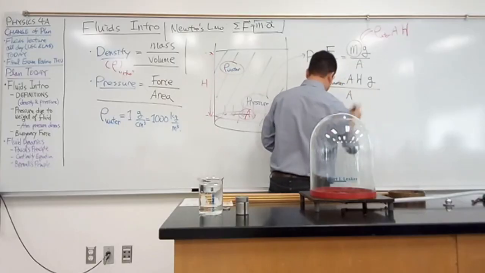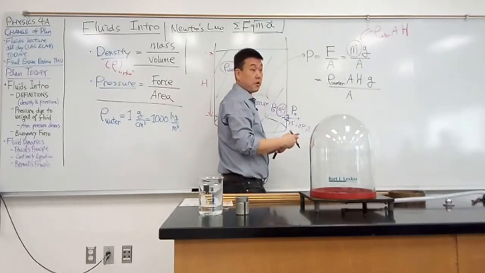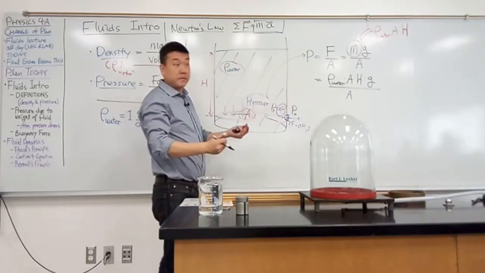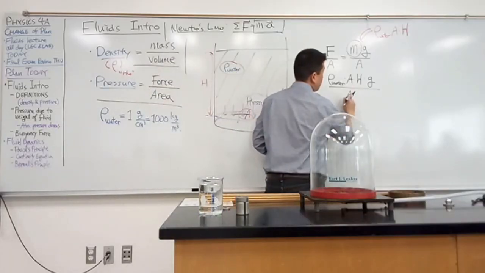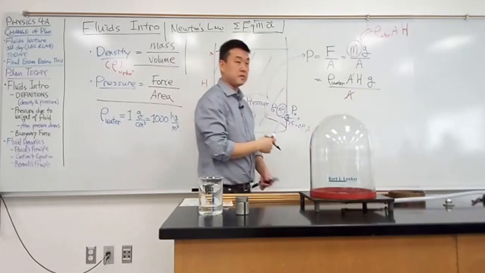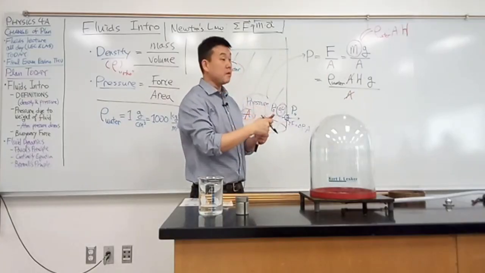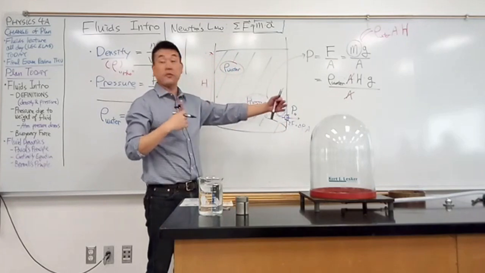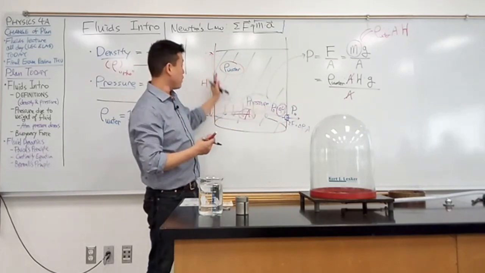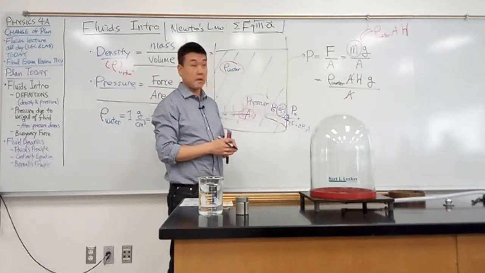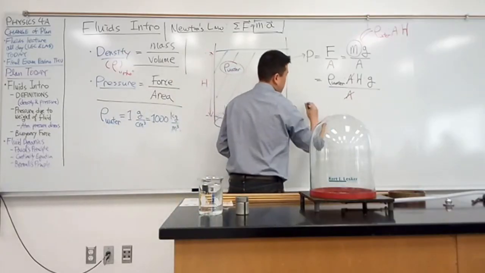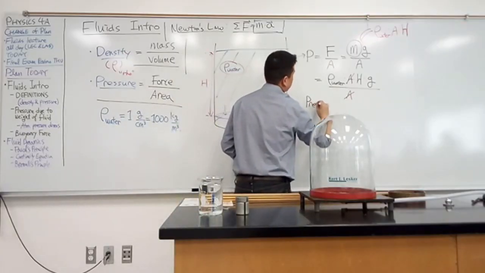And here you see that the area cancels out. So whether it's a wide container or a narrow container, it doesn't matter. Because when you are looking at pressure, it's force per area. If you have larger area, you also have larger force because you have more water.